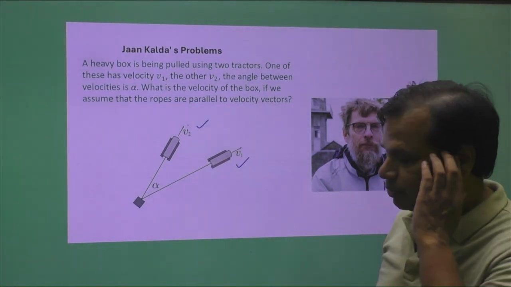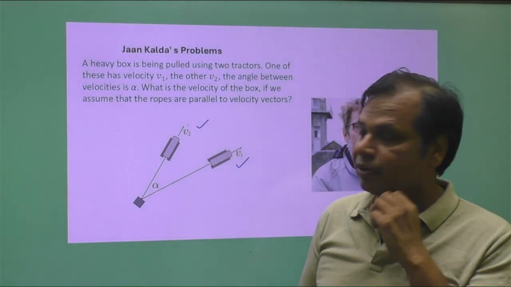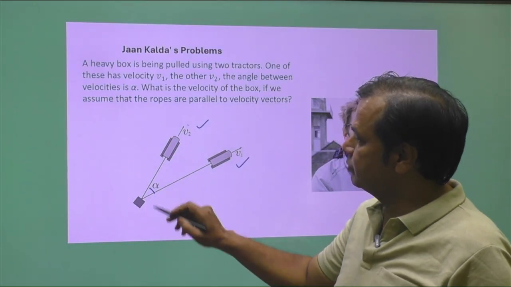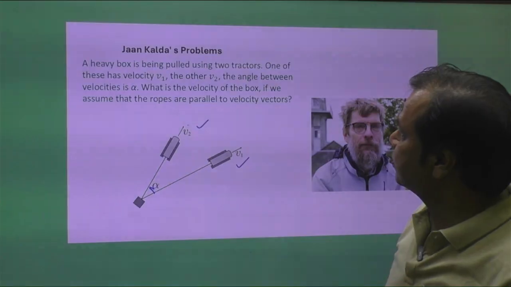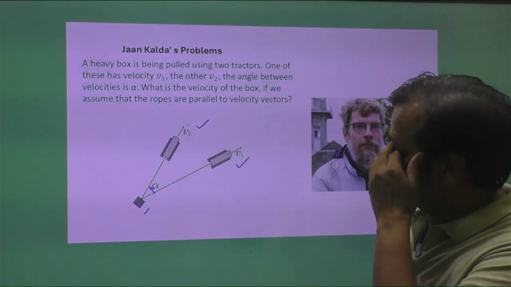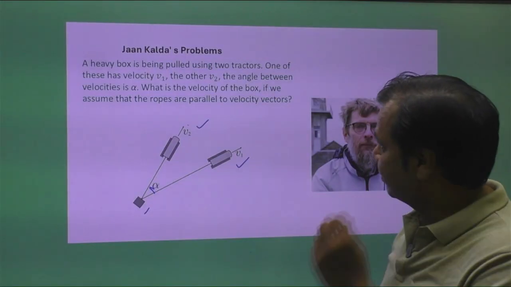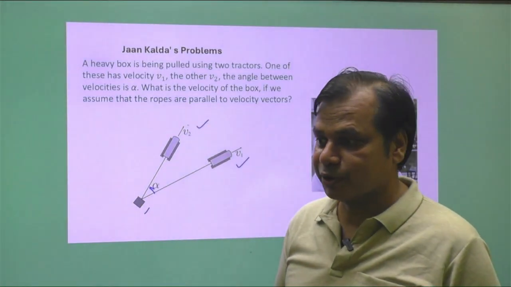The angle between the velocities is alpha. What is the velocity of the box, this box? Assume that the ropes are parallel to the velocity vectors, that means the ropes are taut, nothing else.